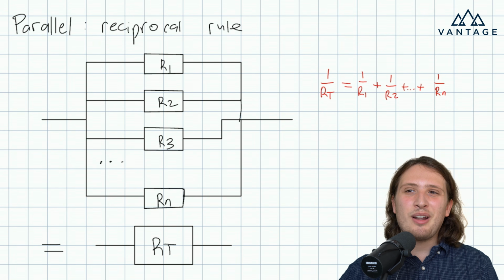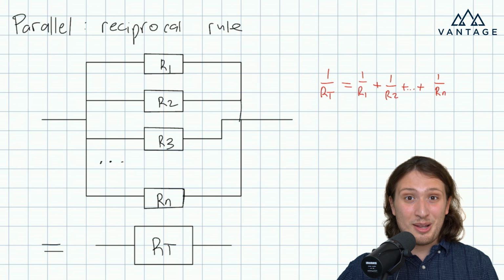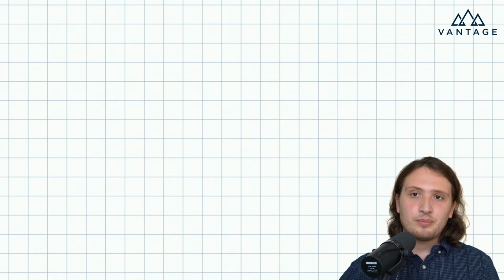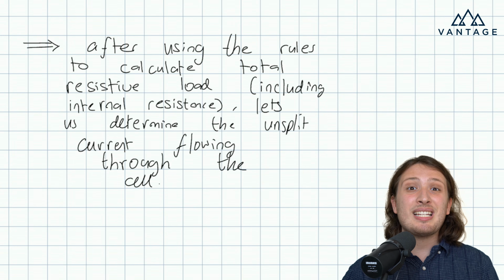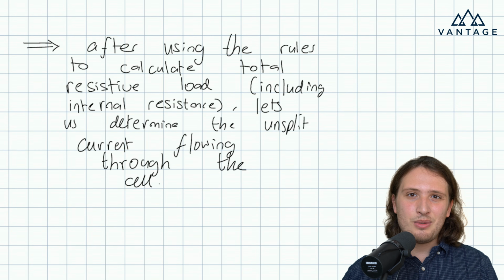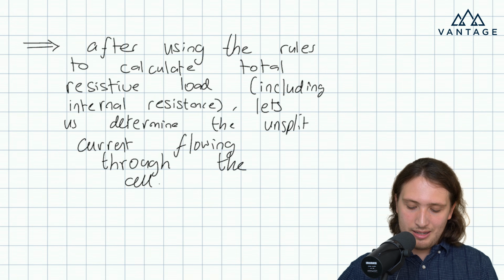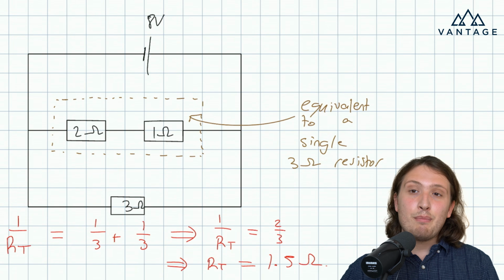And of course, once I know 1 over RT, I can do 1 over that to get RT. So once we've used these rules, we can imagine replacing all of the components in the circuit with a single effective resistor, whose resistance we've worked out using these rules, and then we can apply V equals IR on that imaginary component.